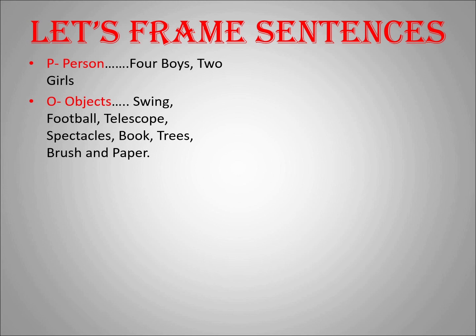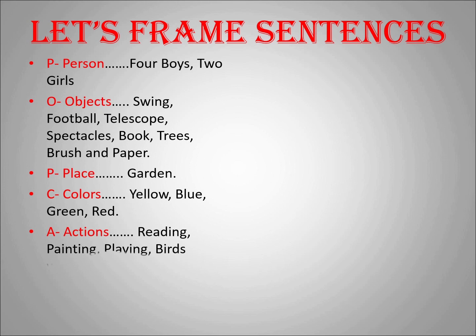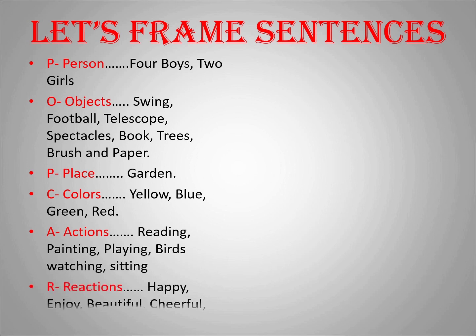We can write many sentences, even complicated sentences, if we know the words. If we have lots of vocabulary words with us, we are able to write the sentences in a very easy and nice manner.